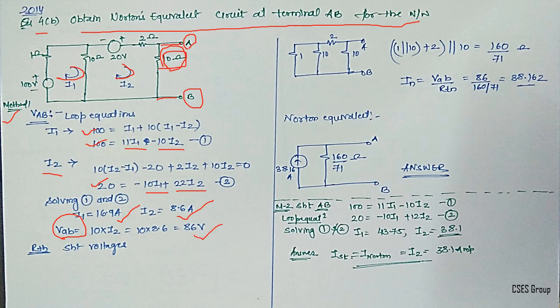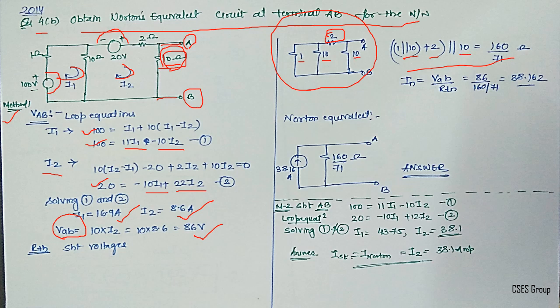So this is the voltage across the 10 ohm resistance, and the resistance can be easily identified by replacing the voltage sources with short circuits. So the equivalent circuit will look like this, and you can easily identify the equivalent resistance. This 1 and 10 are in parallel, plus in series with 2 ohms, which is in parallel with 10.